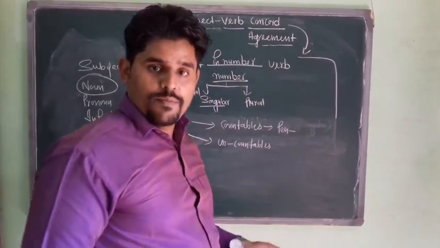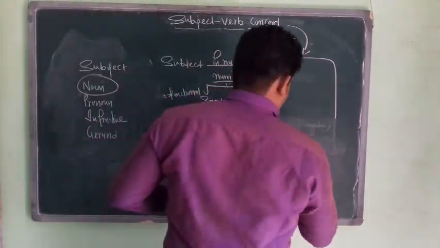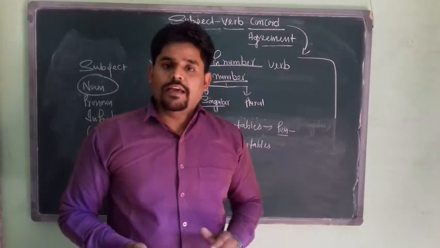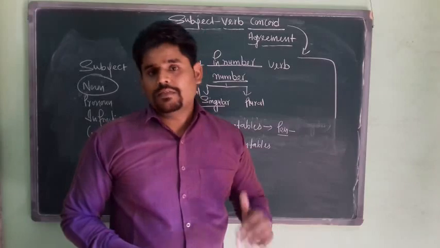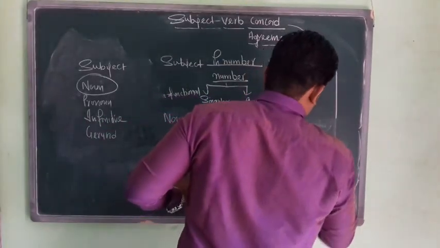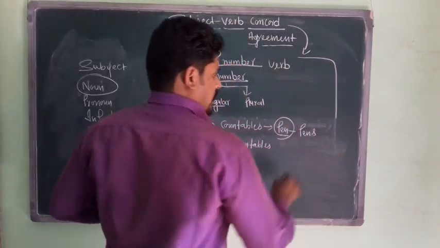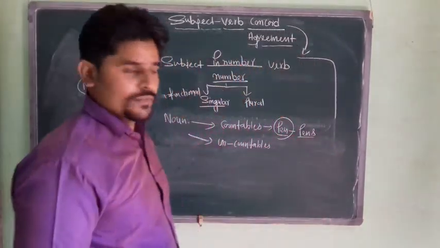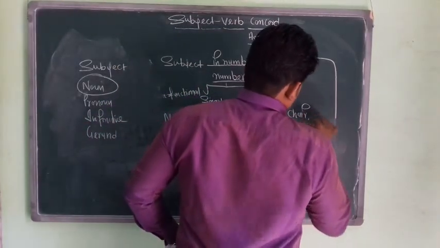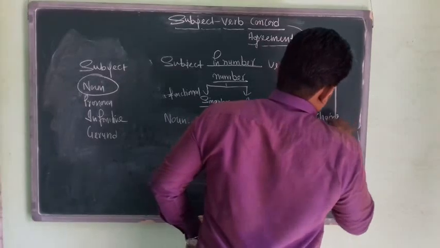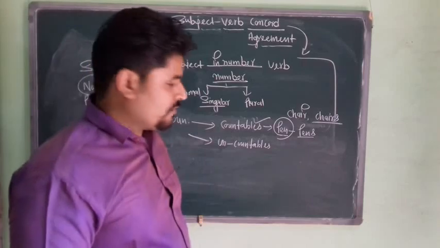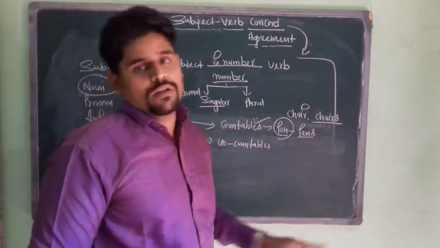We can count pen. So, the nouns which can be counted can be used in singular number as well as in plural number. For example, pen and pens. Pen is a countable noun, hence its plural can be formed. Pen, pens. Similarly, chair. Plural will be chairs. So, countable nouns can be used in singular as well as in plural number.